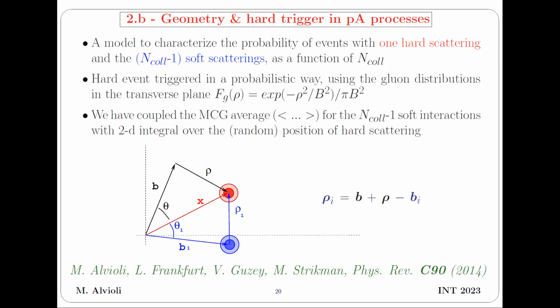This hard event in our description is triggered in a probabilistic way, using as a probability the product of the overall gluon distributions in the target, which is described by this f of rho exponential function for each nucleon. And this can be implemented in a Monte Carlo Glauber description using a random position for the hard scattering point, as depicted in this figure.